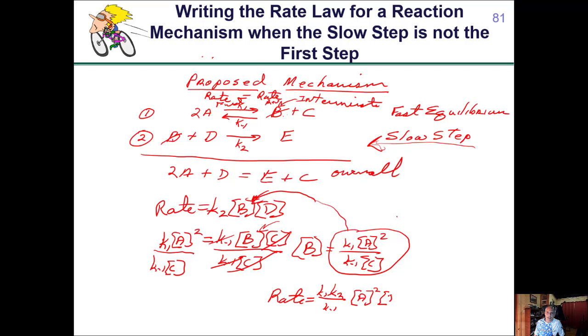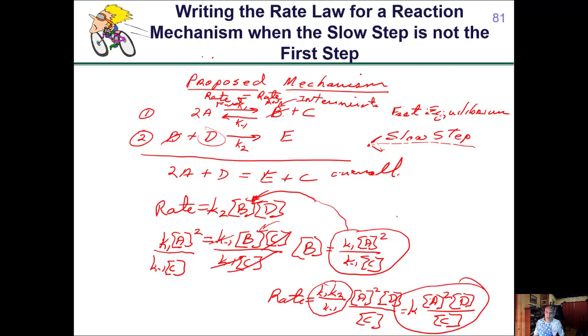Don't forget the [D], that's still there from the slow step, and then divided by the concentration of C, first order. All of this k stuff, k1 times k2 divided by k-1, I'm just going to simplify and call k. Then I'll have [A] squared times [D], divided by [C]. And that is going to be my rate law for a slow second step.